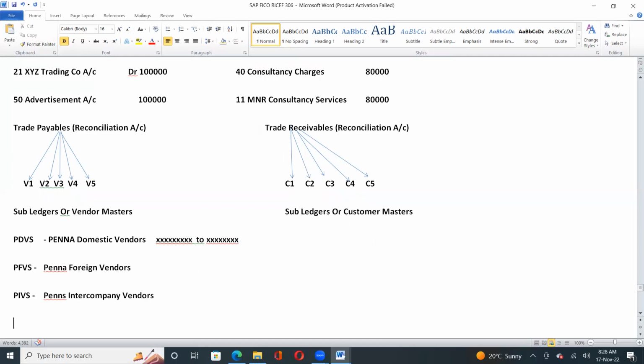Next one, service vendors. Penna service vendors.